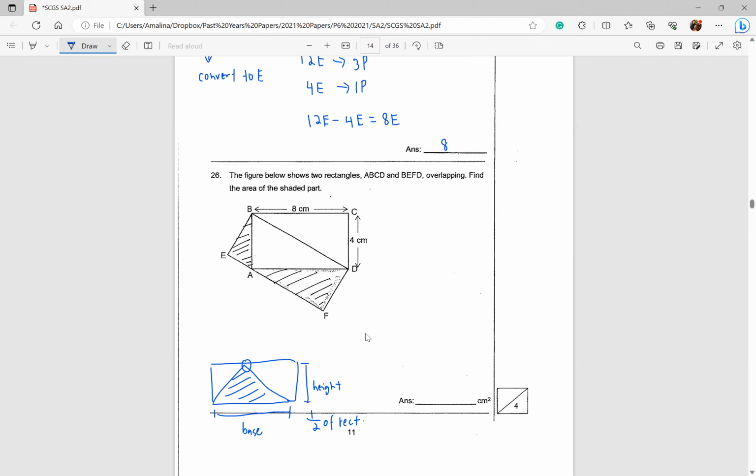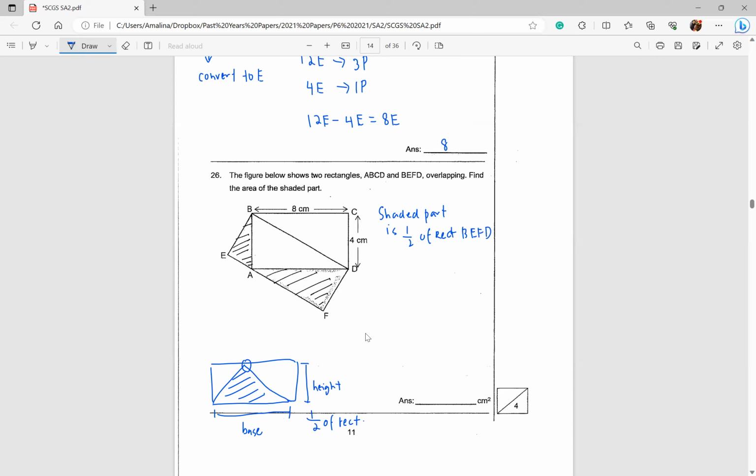Okay, so if I write down here, shaded part is half of my rectangle BEFD, and it's the same as my triangle BAD.